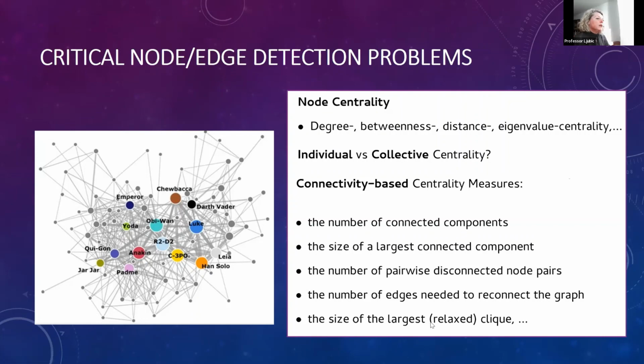So there are many problems that we still can solve using this idea of looking into the problems as a two-player game. So the first player is the one that looks at the collective subset of nodes to remove or to protect from the network. And the lower level problem is the one where we are optimizing some of these connectivity measures.